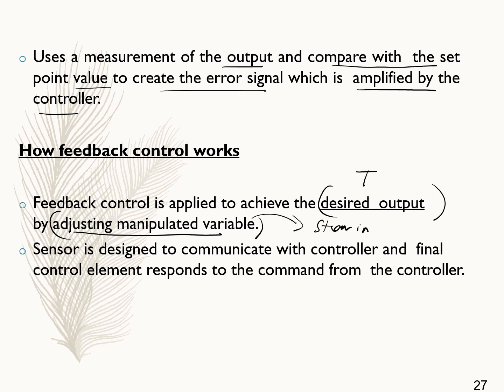The desired output just now is temperature out, 100 degrees Celsius. Okay. The sensor is designed to communicate with the controller. So the sensor will first measure the process variable, right? And then it will send the information, communicating with the controller and final control element, and the control element will respond to the command from the controller.